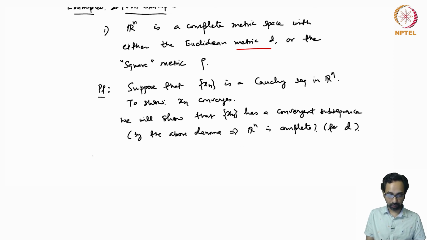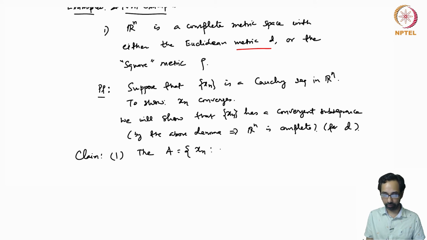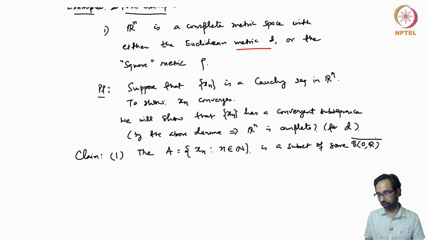So, why is this? First of all, we prove the first claim, that the set of all points in this sequence, if you gather them together in a set, is a subset of some metric ball at the origin, and the closure of it, of some radius r positive.